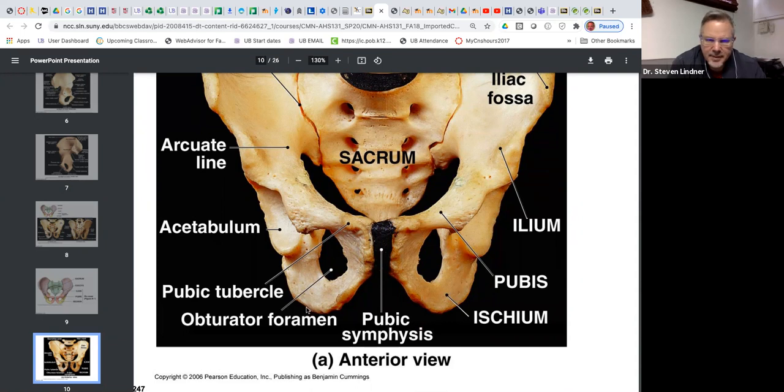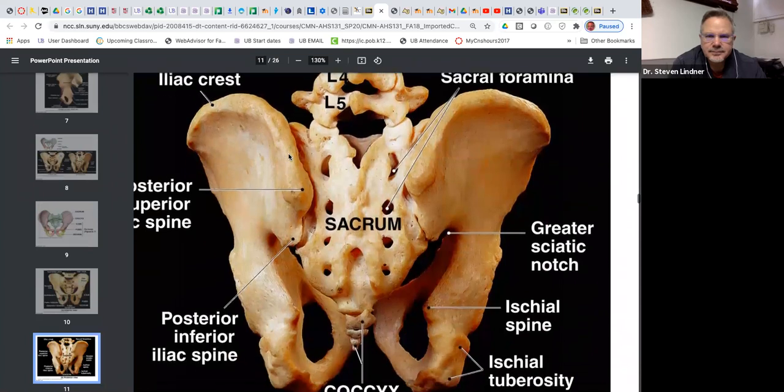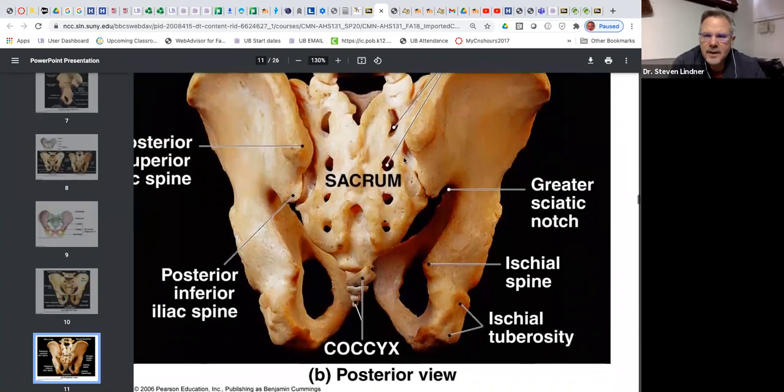The inferior part is the ischial tuberosity. You don't have to worry about the arcuate line. Your greater sciatic notch, ischial spine, ischial tuberosity, lesser sciatic notch down here, coccyx.